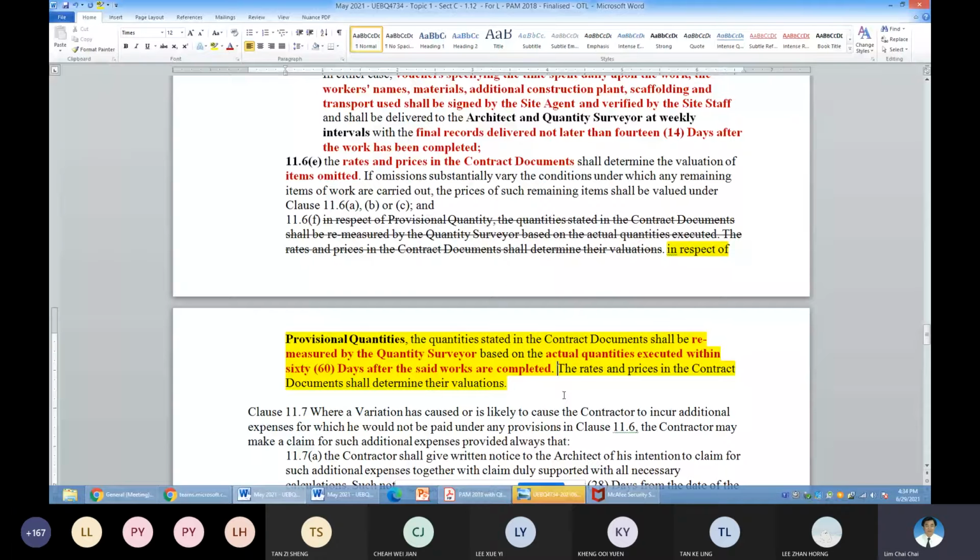So with this clause incorporated, if you sit on it for more than 60 days, you are in trouble because it is a breach by the employer. Your breach is equal to the employer's breach. So the employer will be in trouble and the employer will come after you. So please be careful.